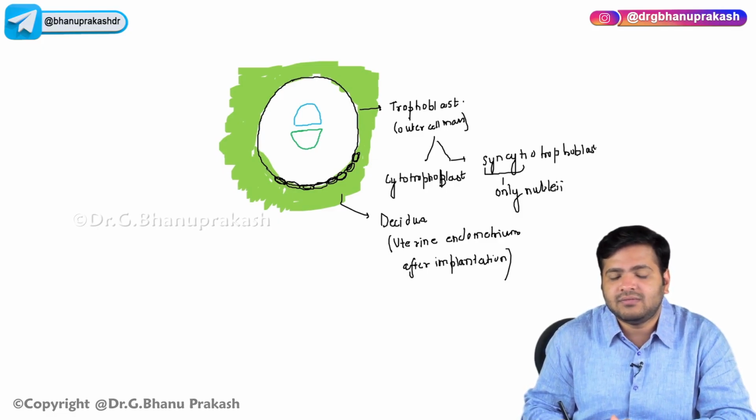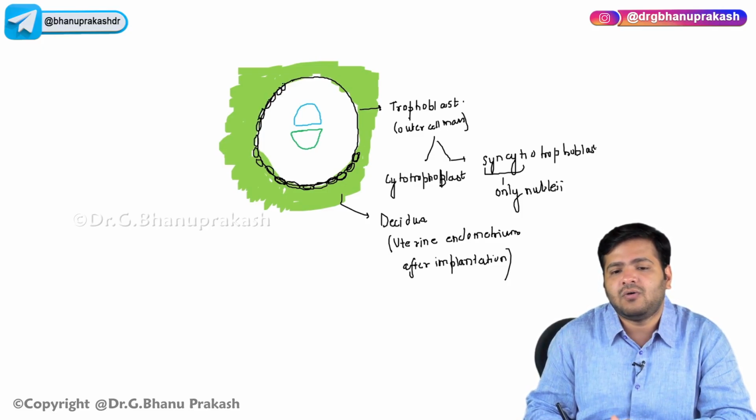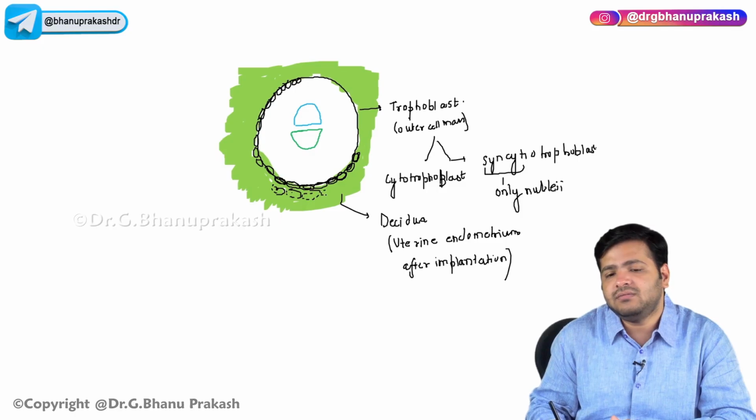Some of these trophoblastic cells will lose their plasma membrane and they will come out like this, right? They are losing their plasma membrane and they only have nuclei in them.